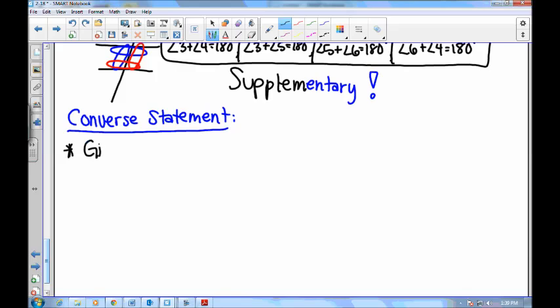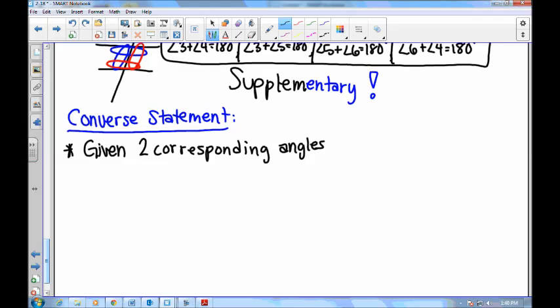If you're given 2 corresponding angles, let me make sure I phrase this right.